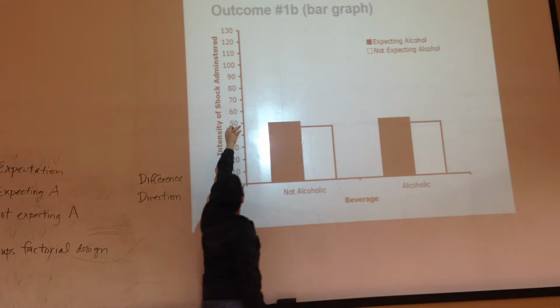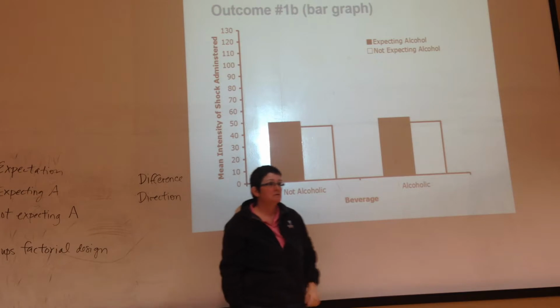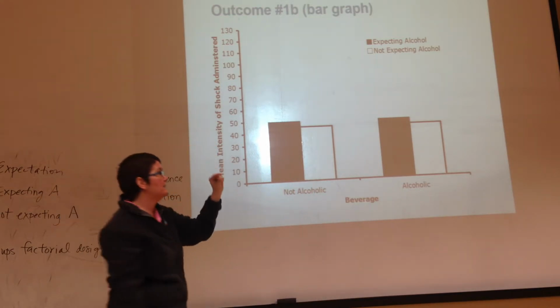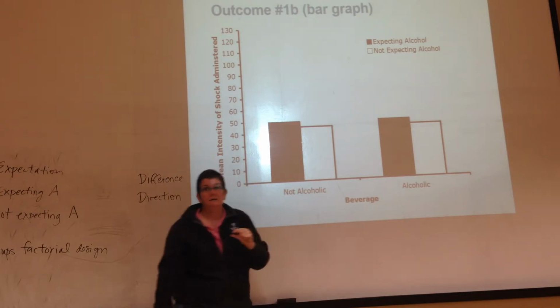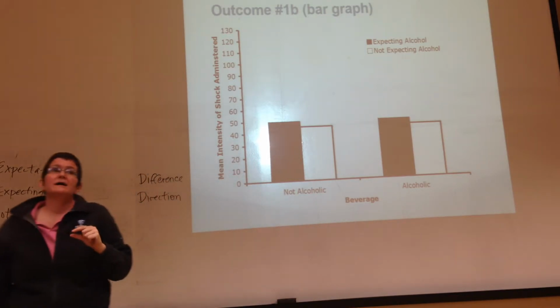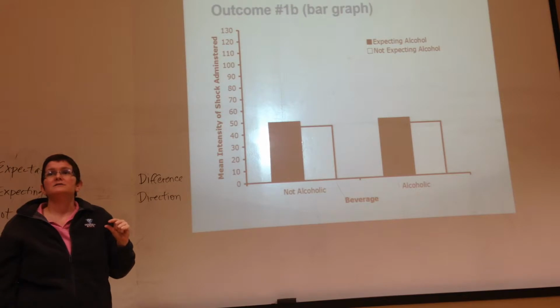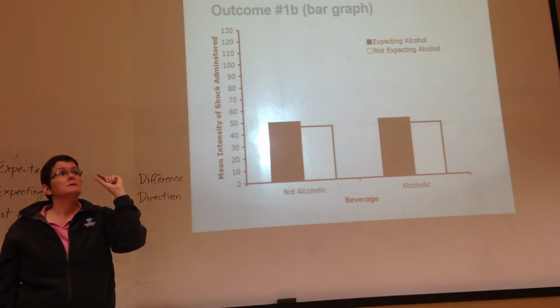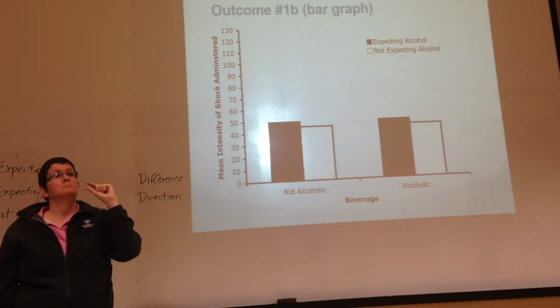Looks like if I compare it over here, it's less than 5 volts. They're not very different at all. The difference is about that much. Okay. What's the direction of that effect? The direction is the black bar is taller than the white bar. So the difference is very small, and the direction is black taller than white.